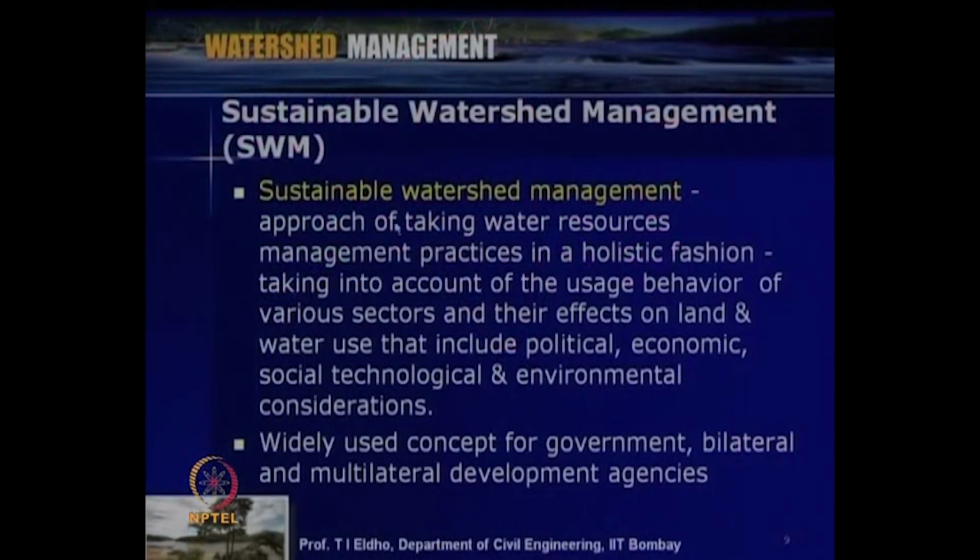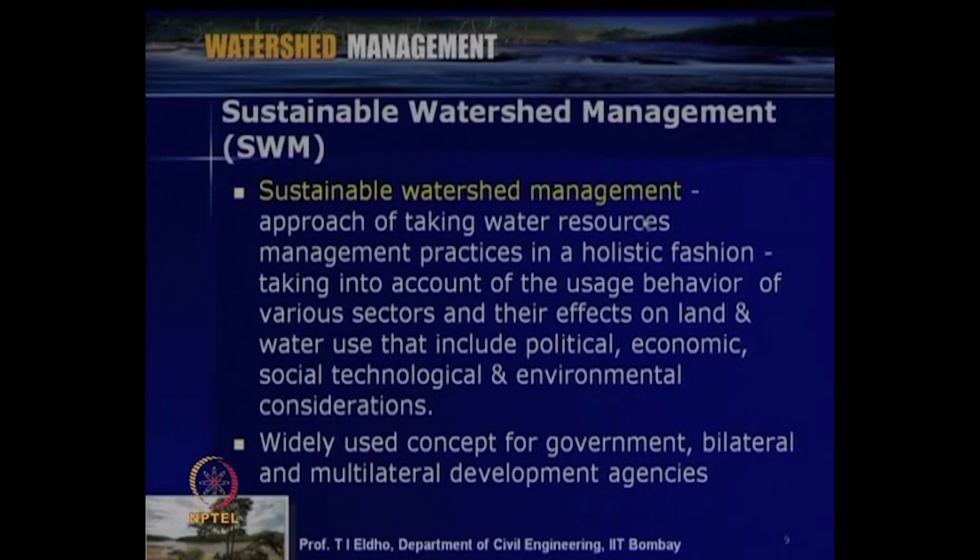So, now within this perspective, we will go into details of sustainable watershed management. As far as watershed management plans are concerned, what are the sustainability issues, and how can we deal with these kinds of issues? These issues within the perspective of watershed management we will discuss now.